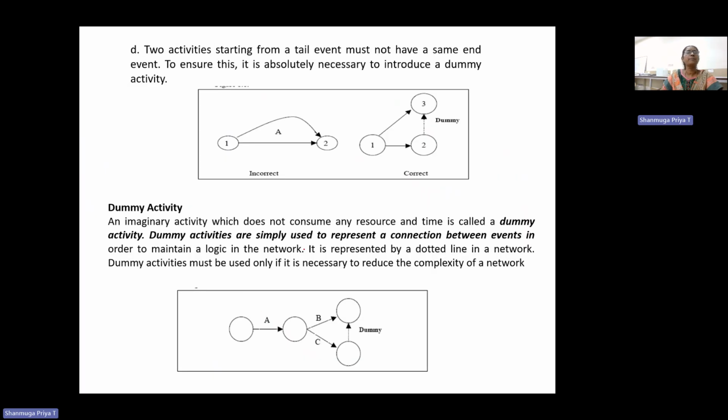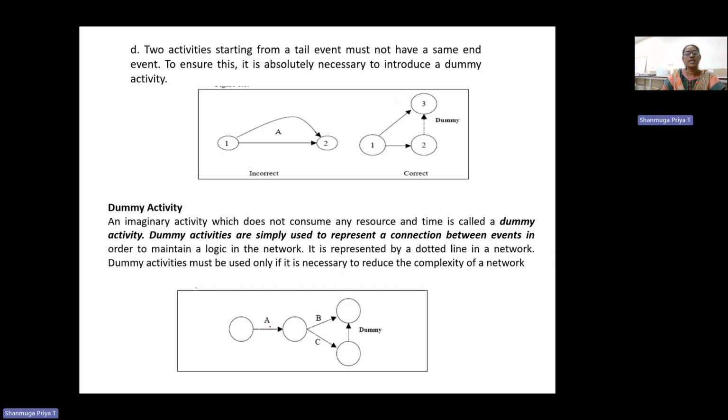A dummy activity is an imaginary activity which does not consume any resources. Why do we want to include it? Because when two simultaneous activities are working, both must be completed on time before the other activity can start, and for that we use a dummy activity.